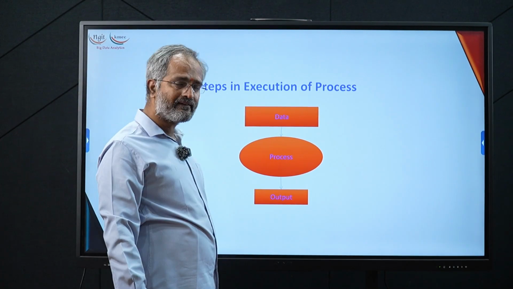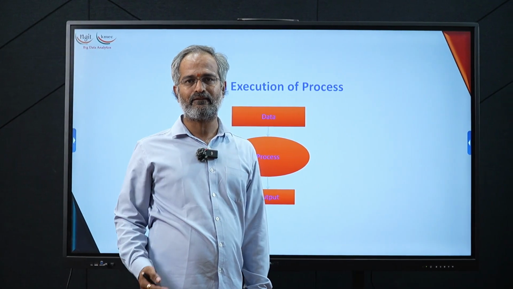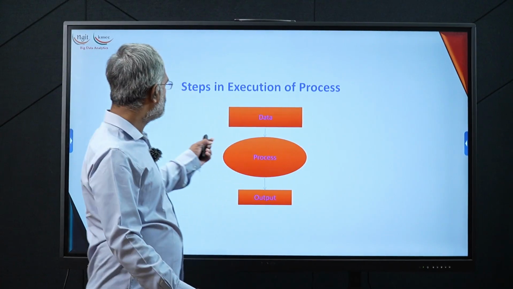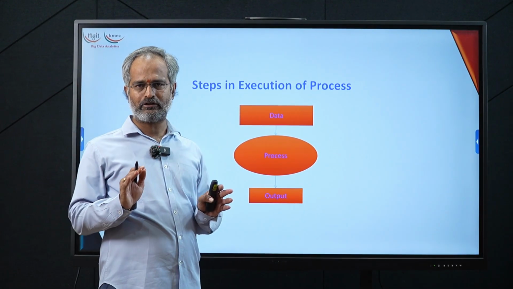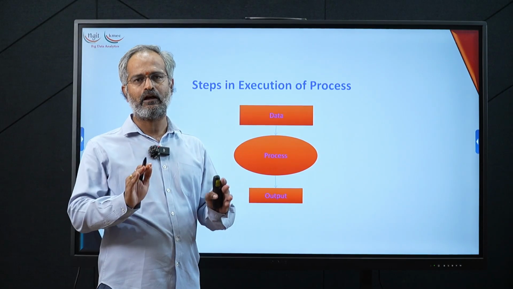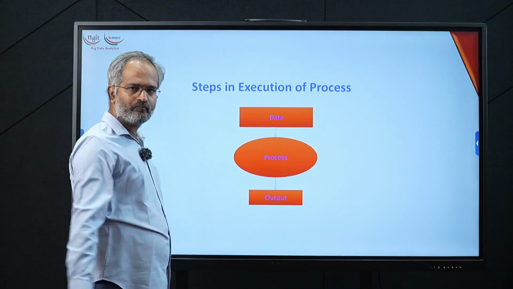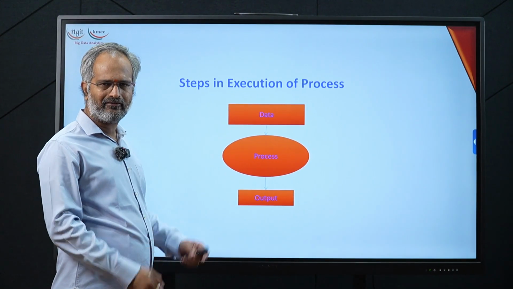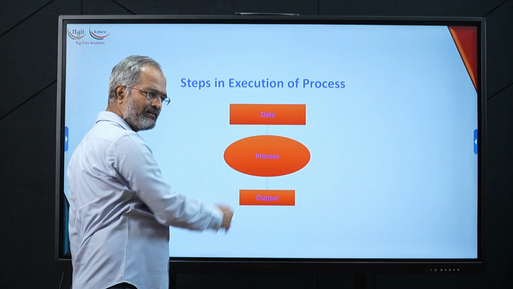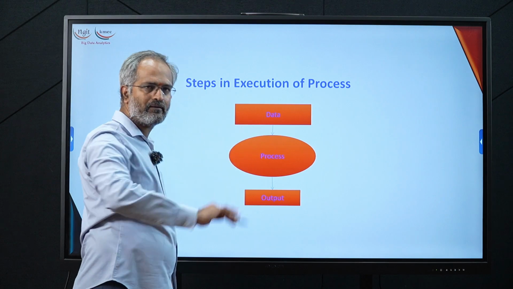Now let us see what the process concept is and how the process is going to execute. See here, steps in the execution of a process. It is not in a distributed manner; it is a regular process, and this is how it is executed. The process will take the data, which may be from secondary storage or primary storage, whatever it is. It will perform some operation and produce some output.